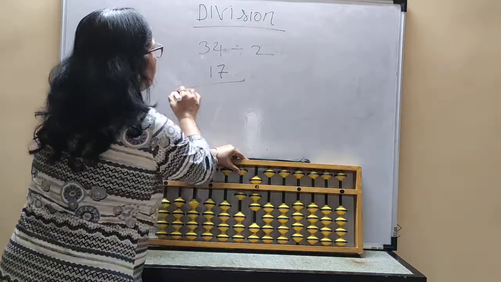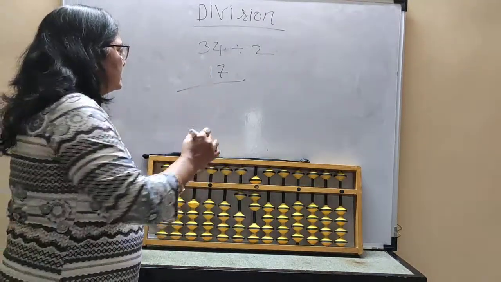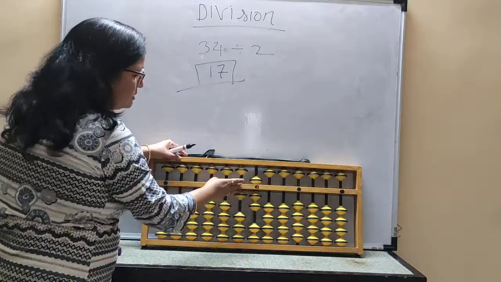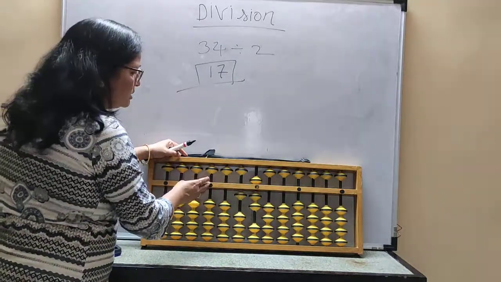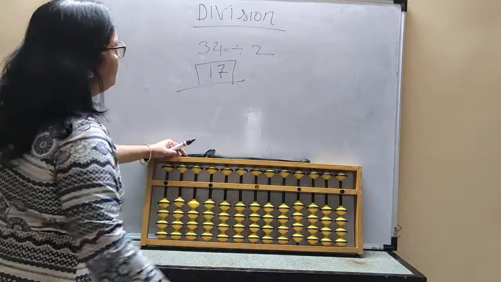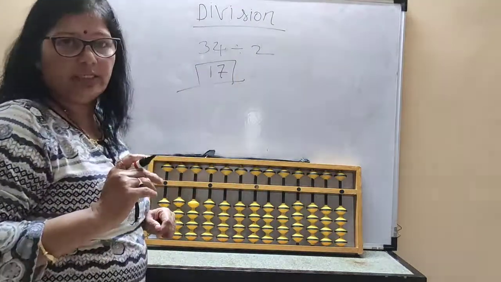Is it correct? Yes. 34 divided by 2 is 17. Our quotient's placement must be on the ones, tens, hundreds and thousands rods. And for placement of the dividend, you have to take it from whichever rod comes in the calculation.